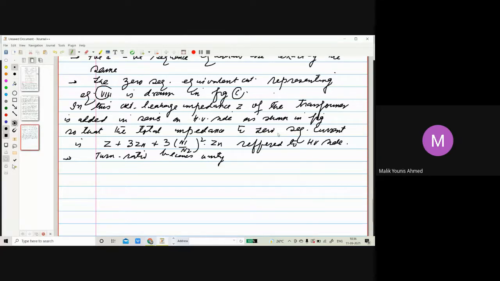So therefore, N1 by N2 will disappear. That will not remain there. So we can write Z0 will be equal to the leakage impedance on the high voltage side plus 3Zn. That will be in PU. So this is all about it.